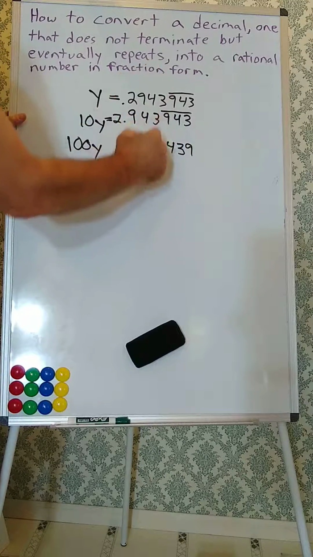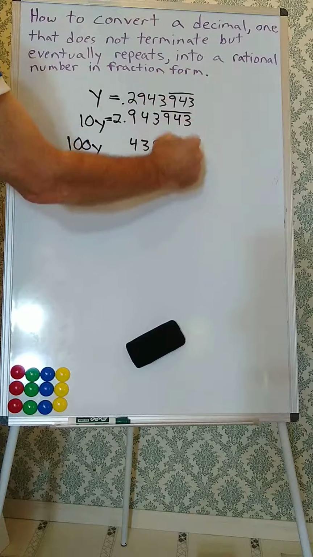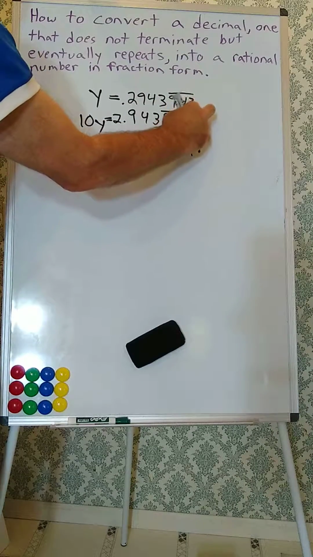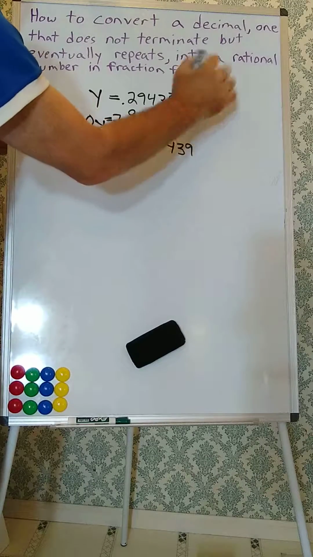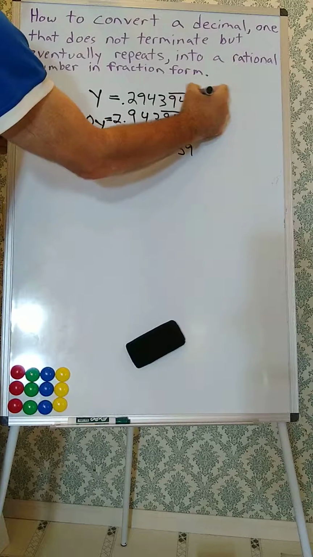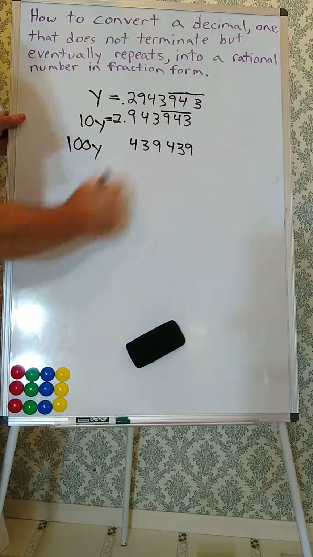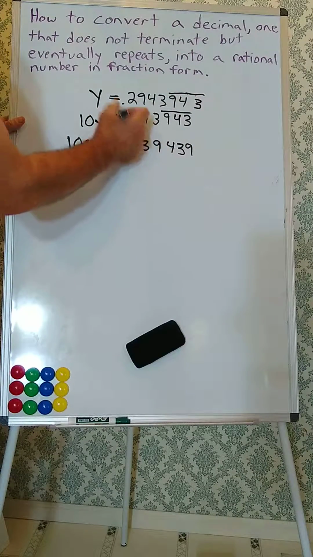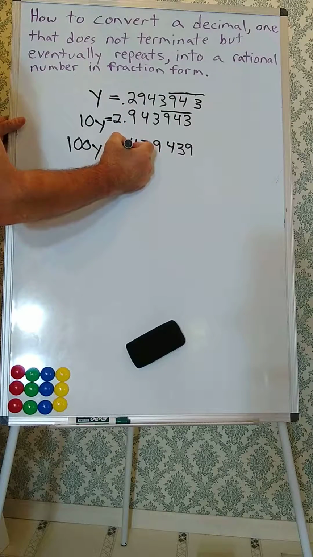Okay, lined up fairly well. And keep in mind that this 3 here is 1 decimal place beyond that. And then we moved it 2 places, so now this is 29.